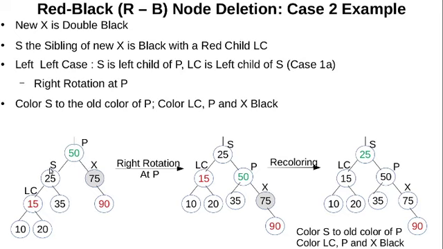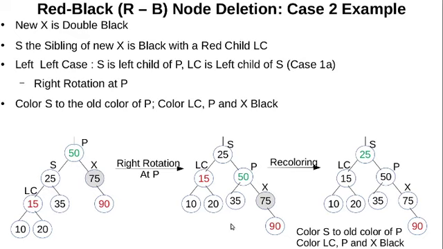When we carry out right rotation at P, S moves upwards and P falls on its right. Further, the right child of S, that is node 35, gets attached on the left of node P. The resultant tree after the right rotation is shown here.